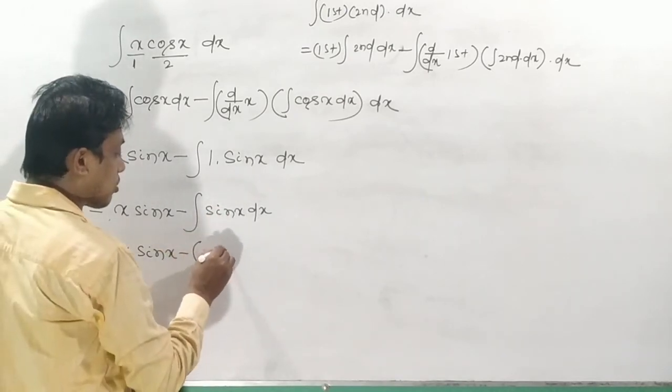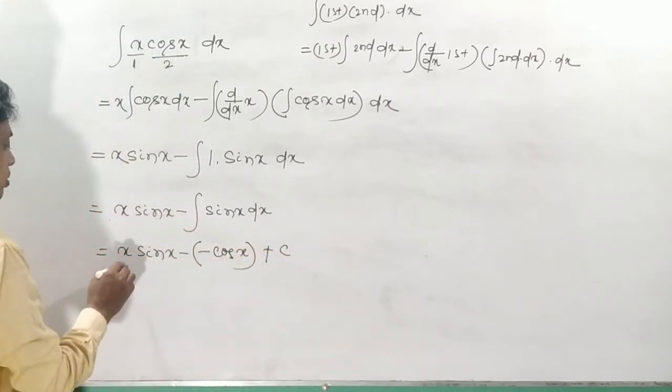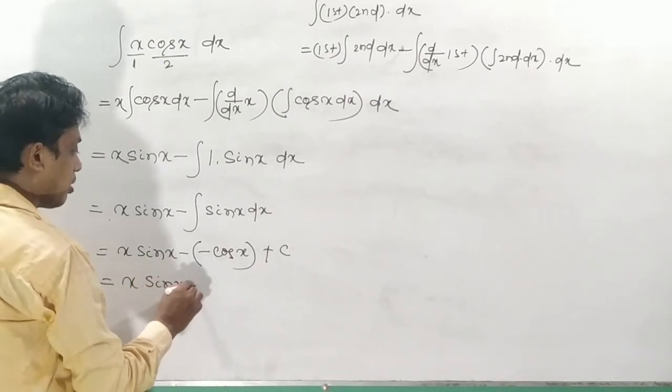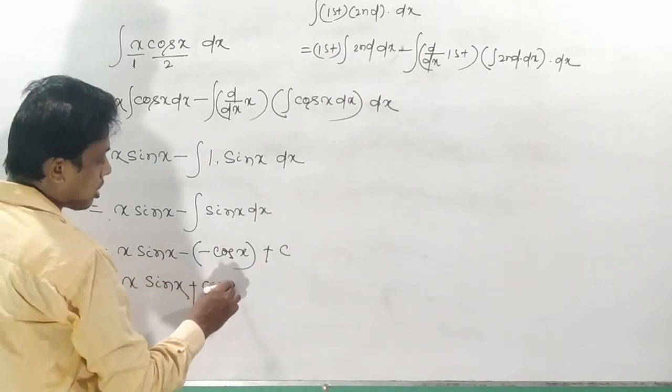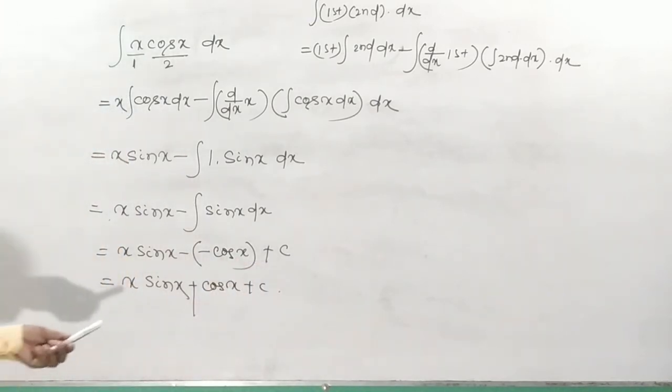So this is your minus cos x plus the integrating constant c, and which will be x sin x plus cos x plus c. Okay, this is the answer.